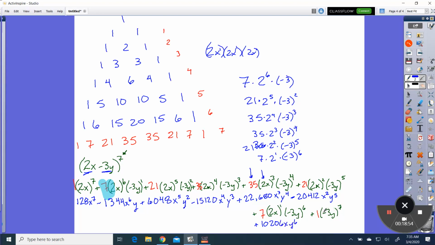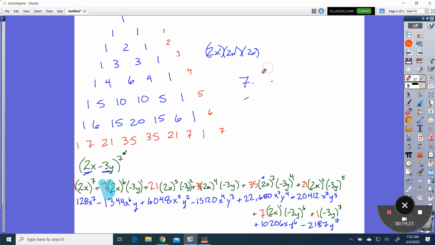And then the last one you have just negative 3 to the 7th, which is 2,187. So that's how you expand those. It's not that it's overly challenging, it's that you have to keep track of everything.